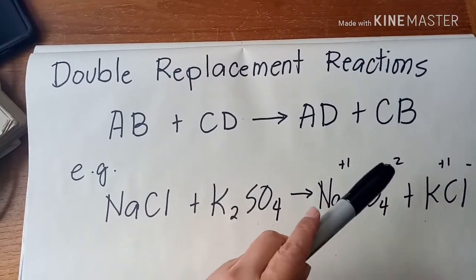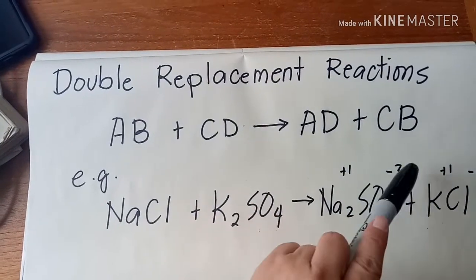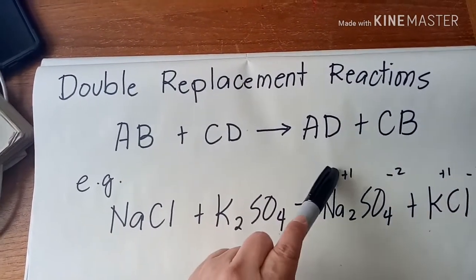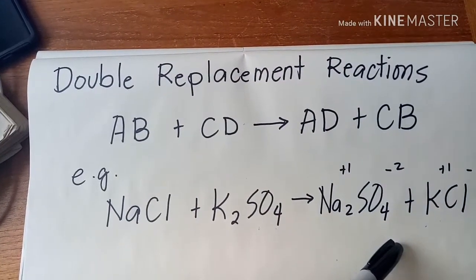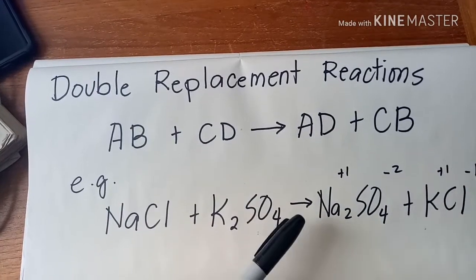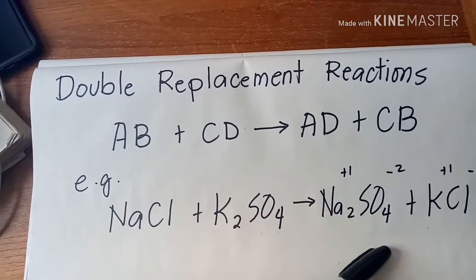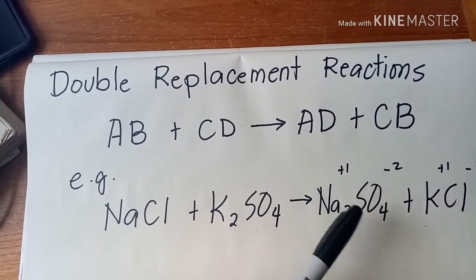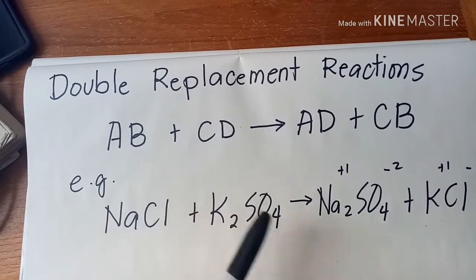If we're going to apply the crisscross method, this -2 will go here, so that's why we have 2 here, and then this one will go here. Since it is 1, it's okay not to write it, alright?